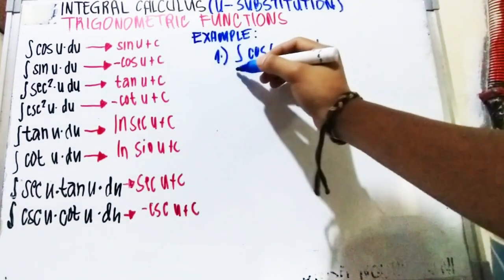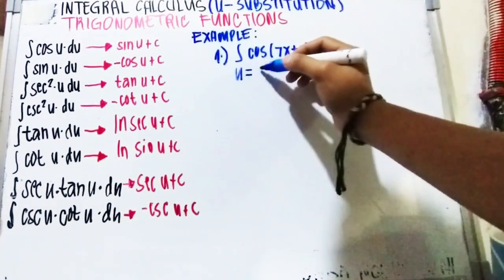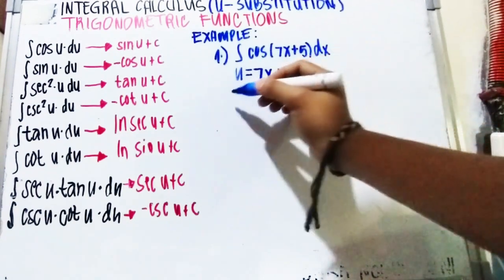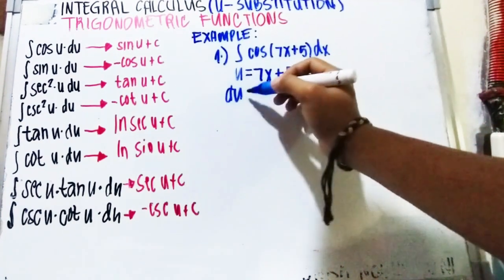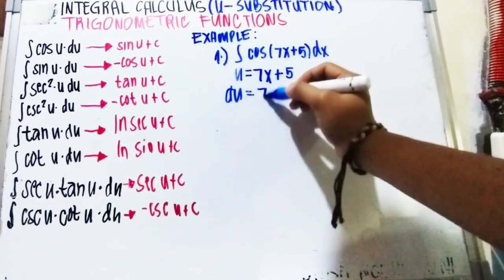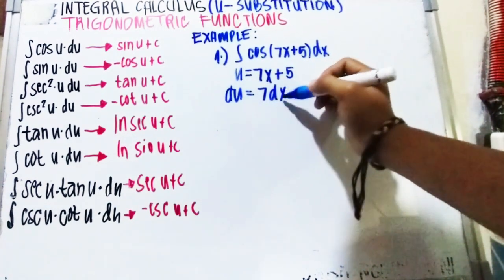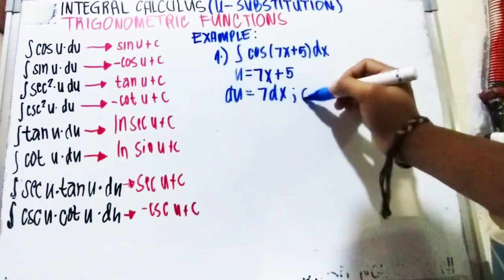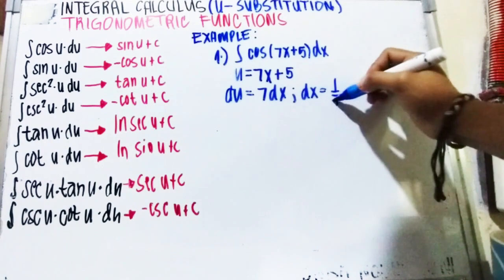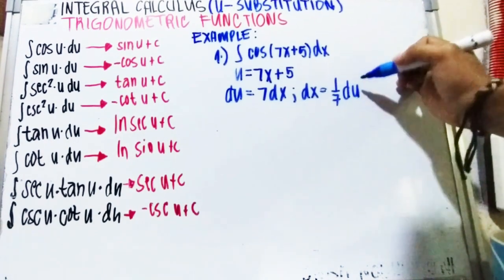So let u is equals to 7x plus 5. The derivative of u, or our du, is 7 dx. Or our dx is equals to 1 over 7 du.